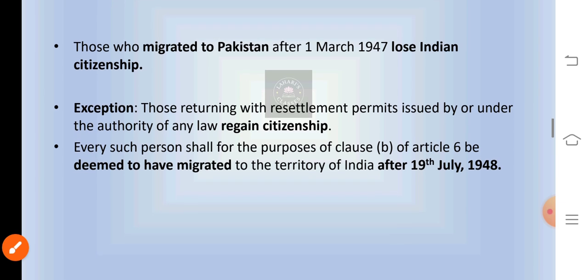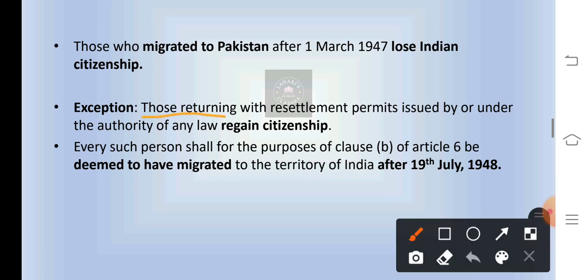But there is an exception: those who are returning with resettlement permits to India will regain their citizenship of India. Such a person should get their resettlement permit from the established law or any authority.